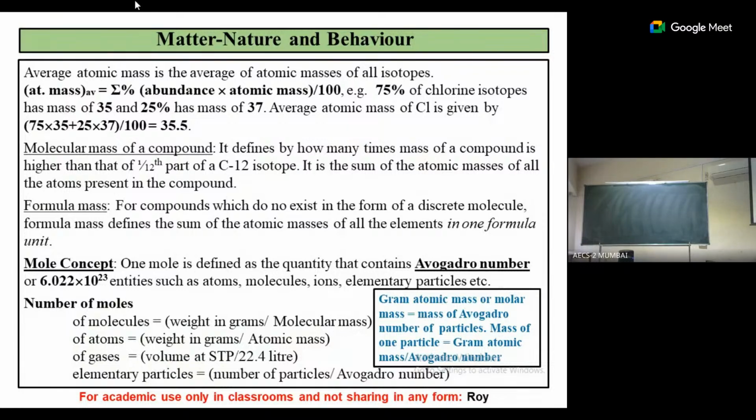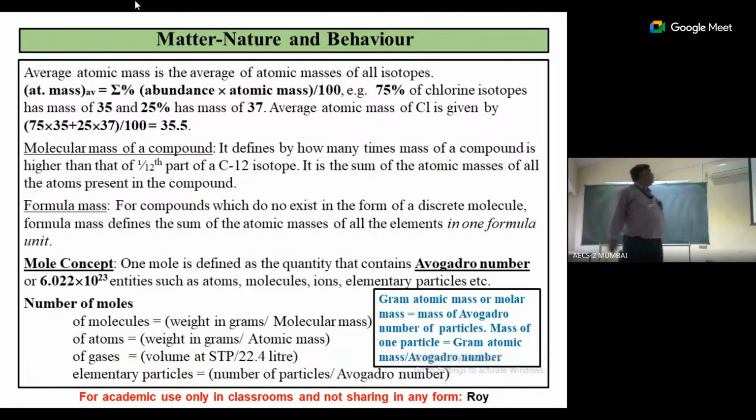We also just quickly told that since elements exist in nature in different isotopic forms, the atomic mass of an element is basically an average of all the atomic masses of all the isotopes. So how is it found out?